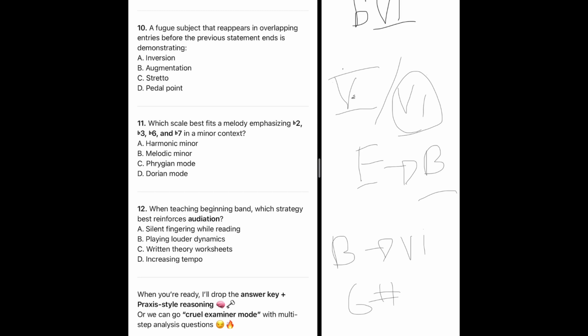Alright. Best in melody emphasizing flat 2, flat 3.